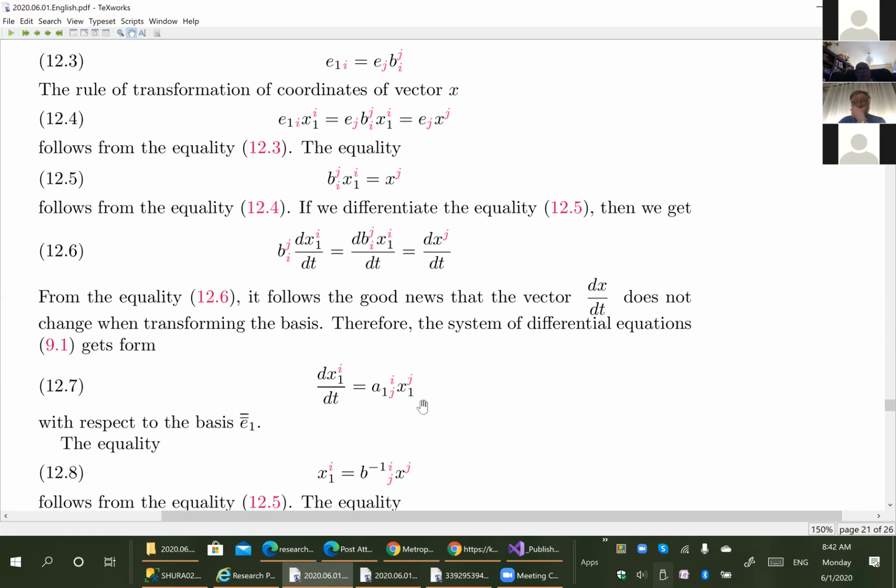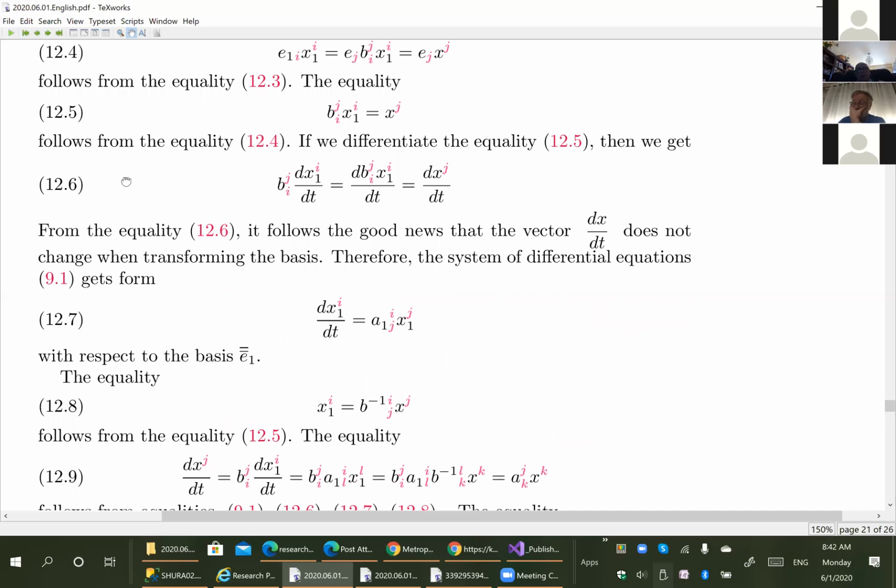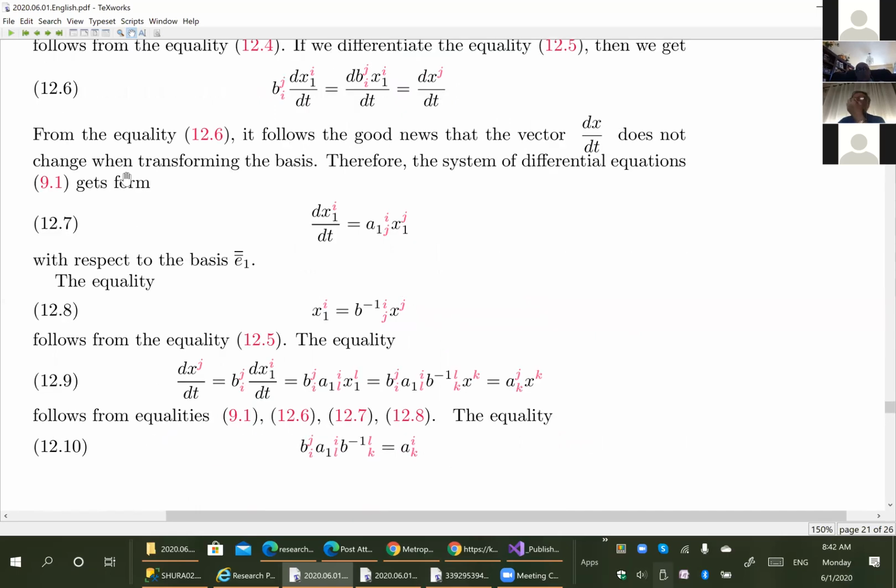So matrix A1 has some transformation to the matrix, and ultimately the transformation has a very familiar form: B times A1 times B to the power minus 1. I need to fix this, because it should be a RC product.